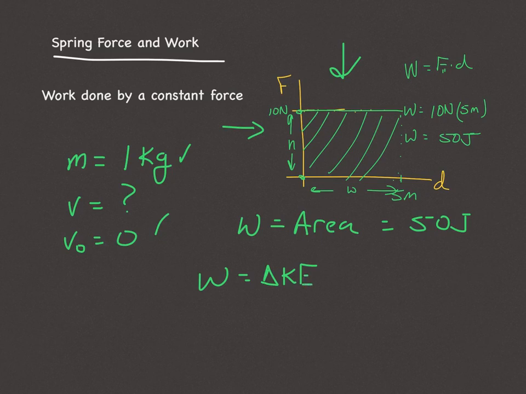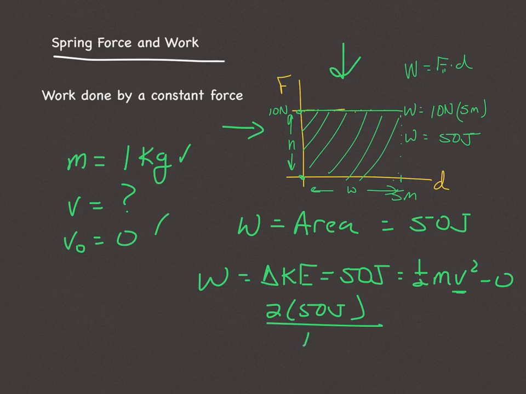So the kinetic energy changes by 50 joules, and that has to equal 1/2 mv squared for the final velocity minus the initial, which is 0, so you don't really need that. Now we just solve for what we want. We multiply the 2 over, so 2 times the 50 joules divided by the mass of 1 kilogram is equal to v squared, so we have to square root everything.